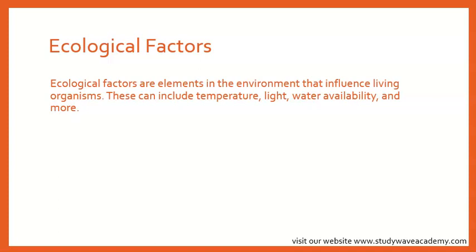The soil type can determine what plants can grow. Air. The air quality and movement matter for animals and plants. Okay? So these factors help determine which plants and animals can thrive in a particular environment. Do we understand that?